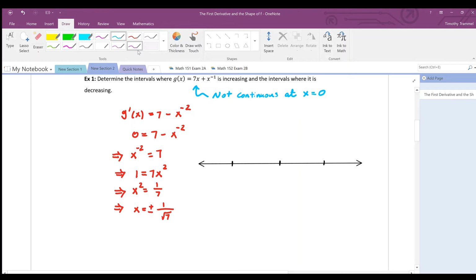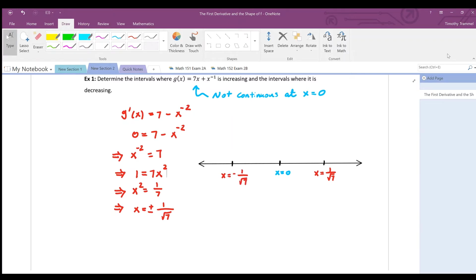And the one in the middle, let's call that one x equals 0. And the other two, x is equal to 1 over the square root of 7, and the other x value is minus 1 over the square root of 7.